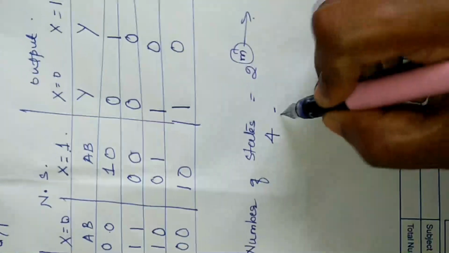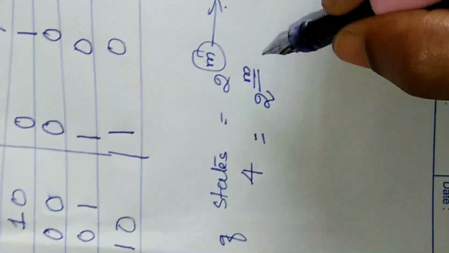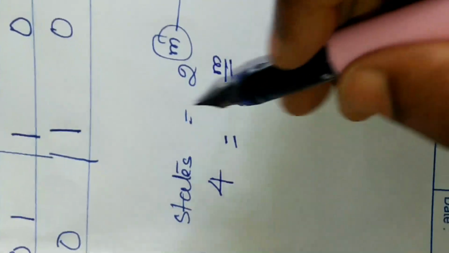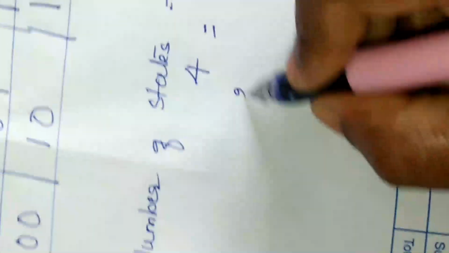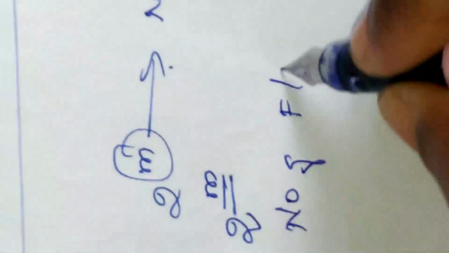Okay. So what is the number of states over here? We have 1, 2, 3 and 4, right? So the number of states is 4, equal to 2 raised to the power of m. So what will be the value of m to make the states equal to 4? So obviously it is 2, right? So 2 is the number of flip-flops that I have to use.